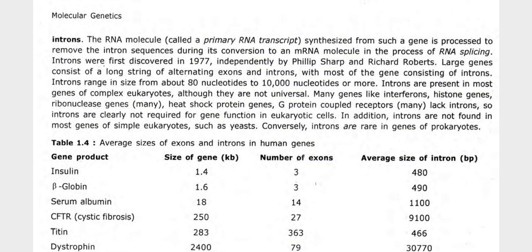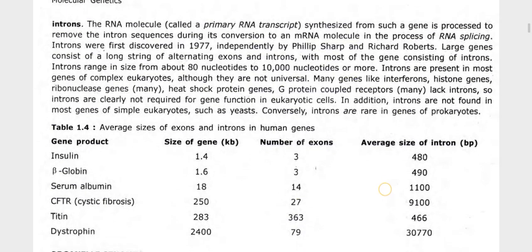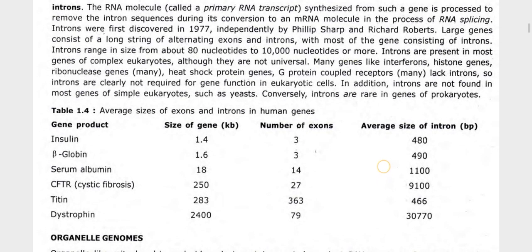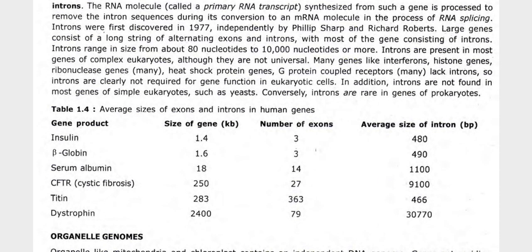Introns are present in most genes of complex eukaryotes, although they are not universal. Many genes like interferons, histone genes, ribonuclease, heat shock protein genes, and G protein coupled receptors lack introns. So introns are clearly not required for gene function in eukaryotic cells. In addition, introns are not found in most genes of simple eukaryotes such as yeasts. Conversely, introns are rare in genes of prokaryotes.